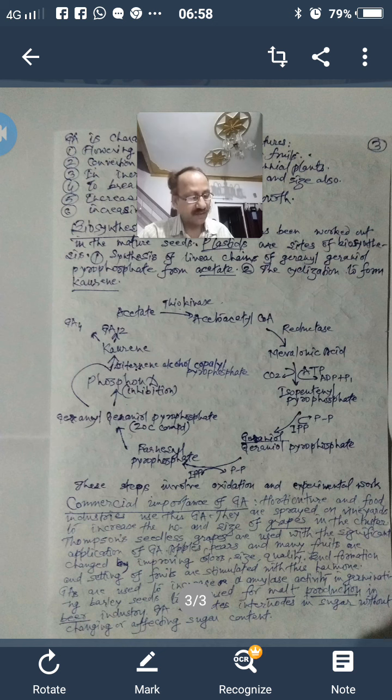GA elongates internodes in sugarcane without changing or affecting sugar content. So it is a horticultural and industrial use of sugarcane, improving the quality and yield of sugar without changing its other contents and quality. So many such industrial uses are there. That's all.